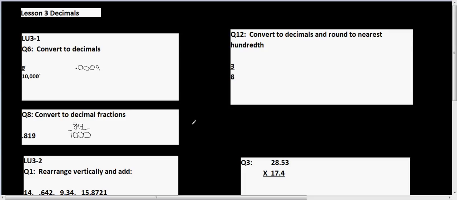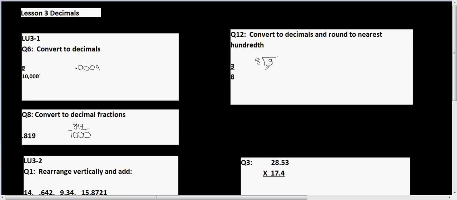All right, what else do we have? Let's convert to a decimal and round to the nearest hundredth with the fraction of 3/8. What do we do? Well, we take 8 and we divide that into 3 and see what we get.